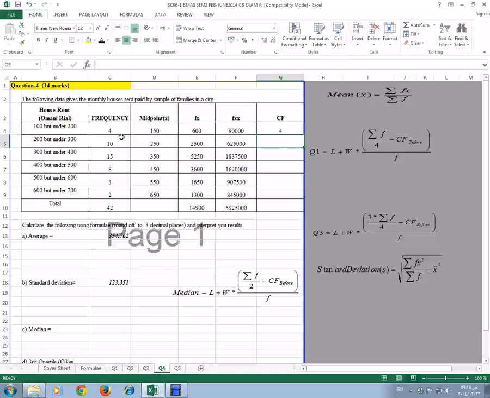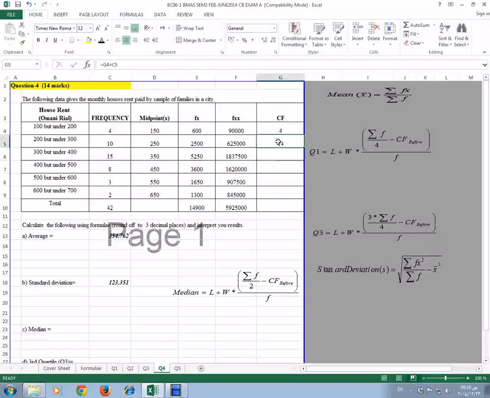Then the second one is equal, this 4 plus the frequency for this, so 4 plus 10, and it should be 14. Press enter, and now 14 plus 15 will give 29, and so on.